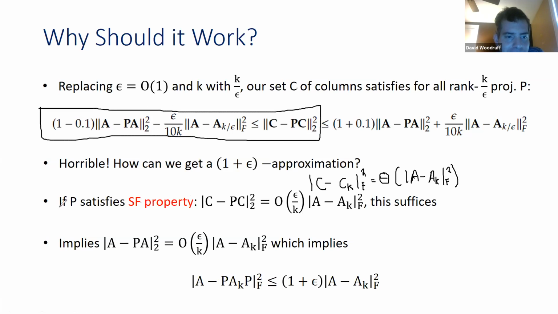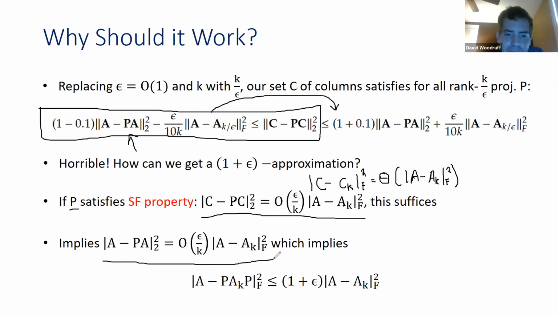Well, suppose I take this P that has this SF property and just plug it in here. I move this Frobenius norm loss to the other side. I use my nice SF property guarantee. And I divide by 0.9 on both sides, whatever. I get that P also has the spectral Frobenius property for A.